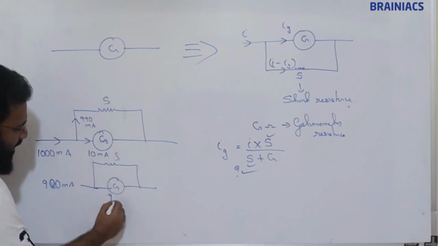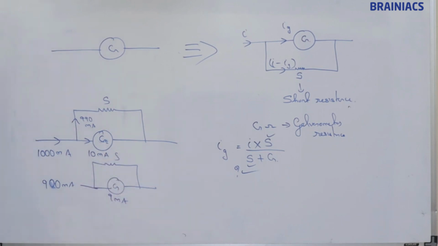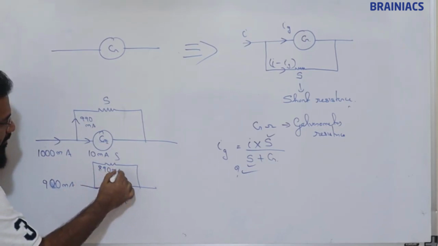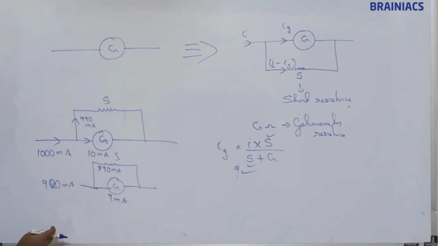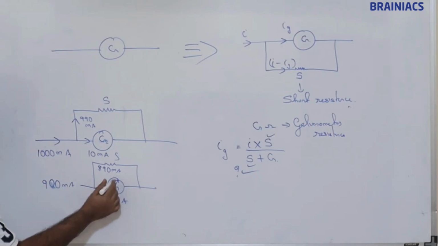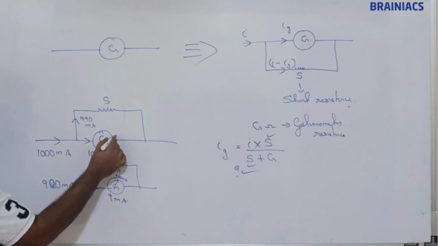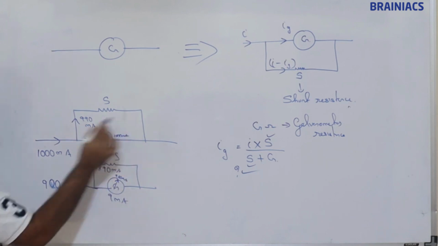Suppose 9 milliampere is passing through the galvanometer, then 891 milliampere goes through the shunt, and the needle will show 900 milliampere. Here 1000 milliampere is written.